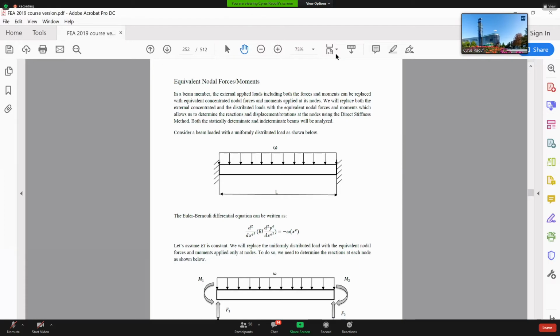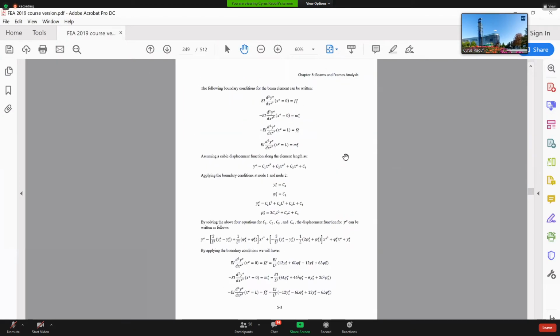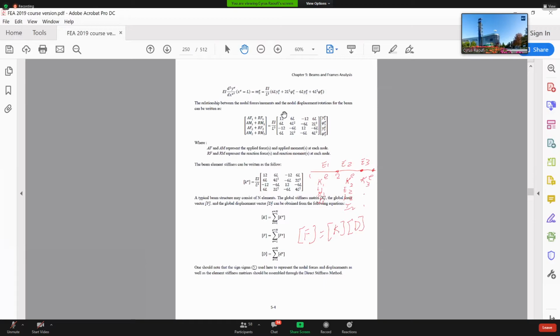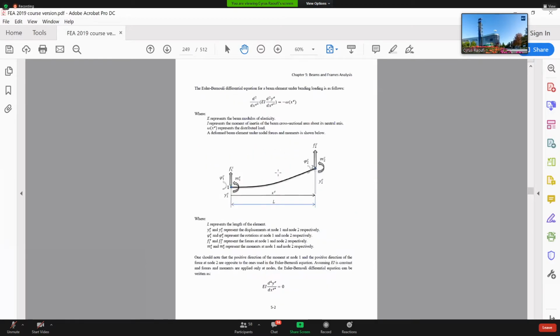Let me just go back here and show you something. Remember this equation? We developed this element stiffness matrix based on this free body diagram. In this free body diagram, we said we have nodal forces, as you see, applied to the nodes. Between them, we didn't apply anything in terms of loading.